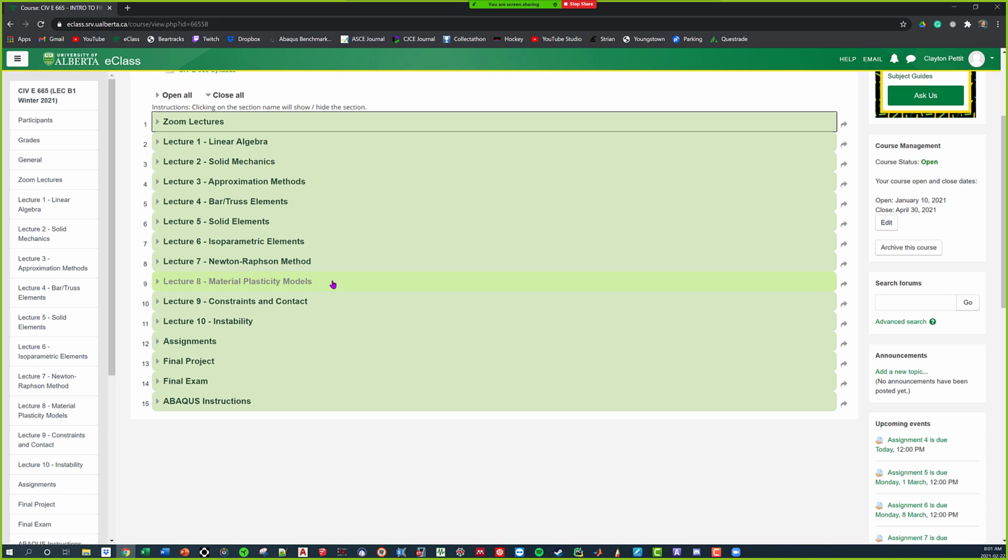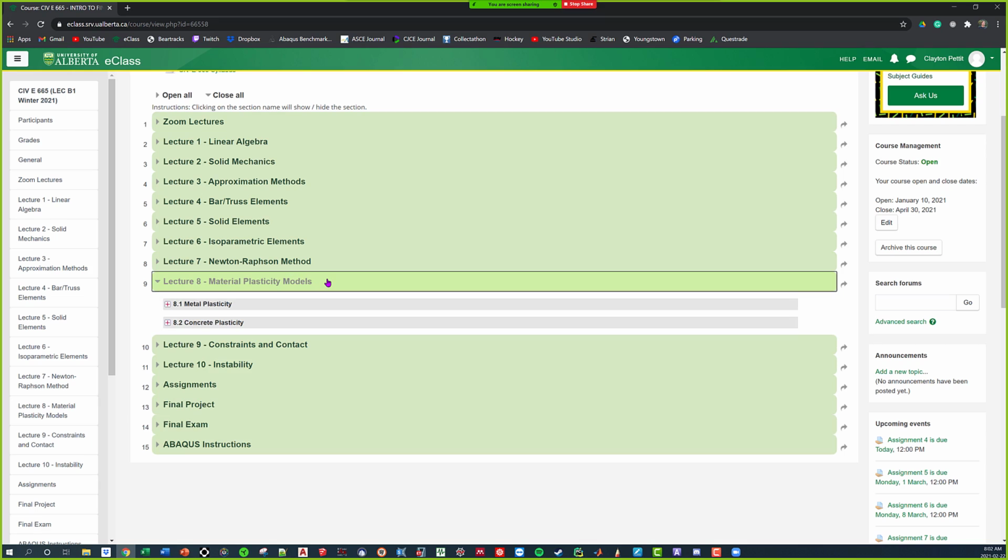So once we get into lecture 8 with material plasticity, contacts and constraints and instability, we're going to focus more on how we can implement these in Abaqus. Because things like material plasticity would take a whole semester just to cover the theory in itself. Those of you guys who've taken 664, the solid mechanics, you may be a little bit familiar with material plasticity, probably more so with metal plasticity or steel plasticity.